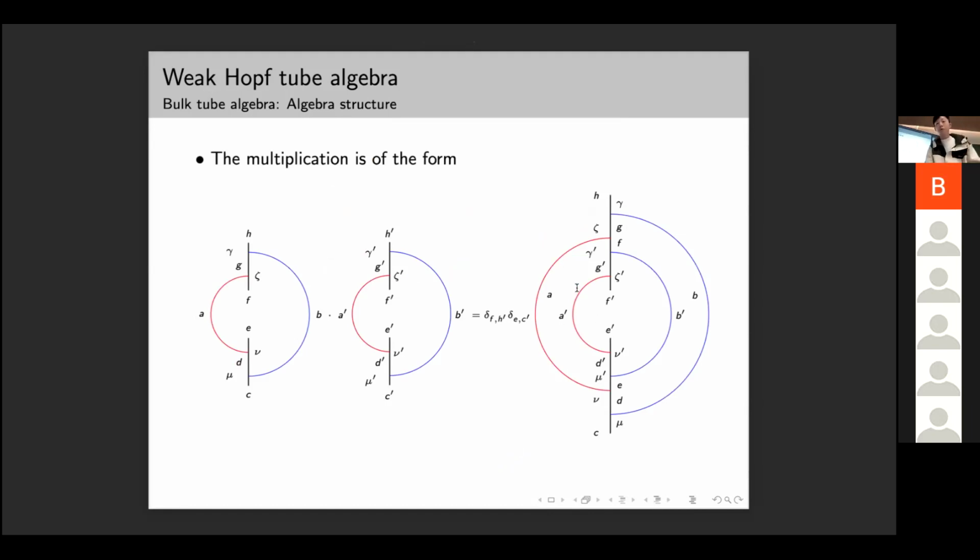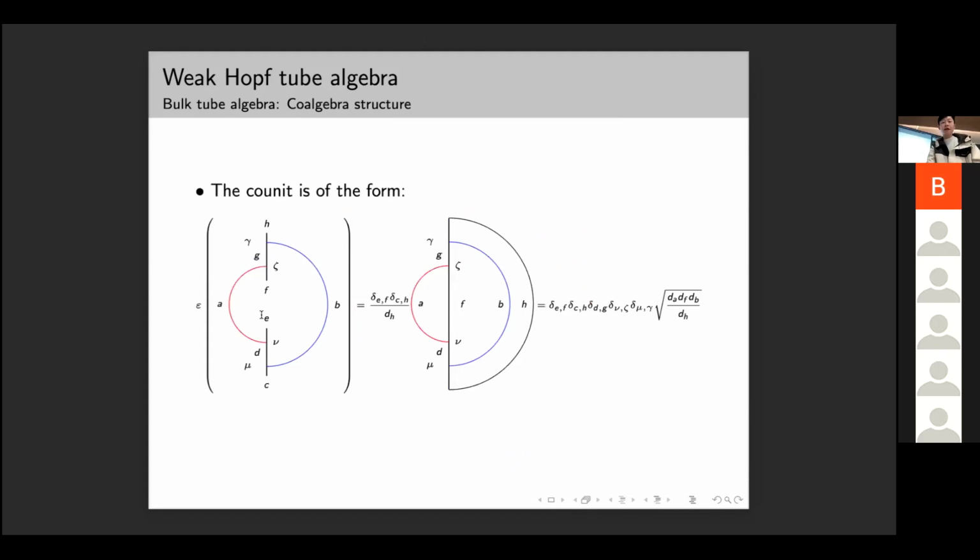Then we take the local move on the right hand side to recover the original configuration. This can be done, because we can just take the F loop over this upper side and this lower side. Then we take the loop move, and we can remove the loops, and they will come back to the original configuration. So we can define the algebra, and we can show that this is an algebra structure.